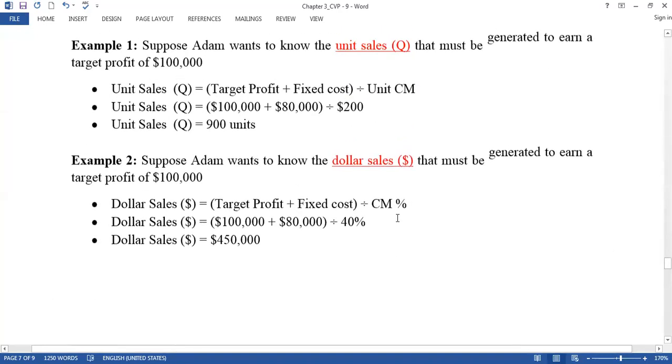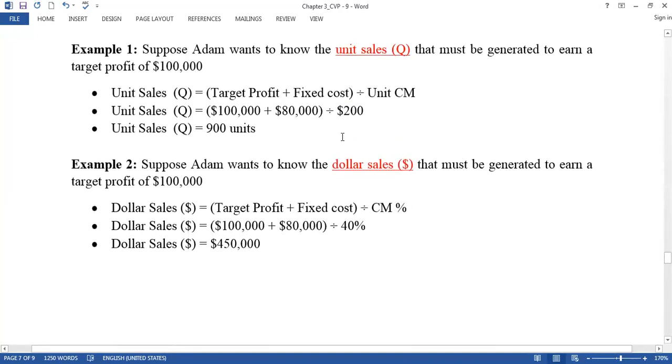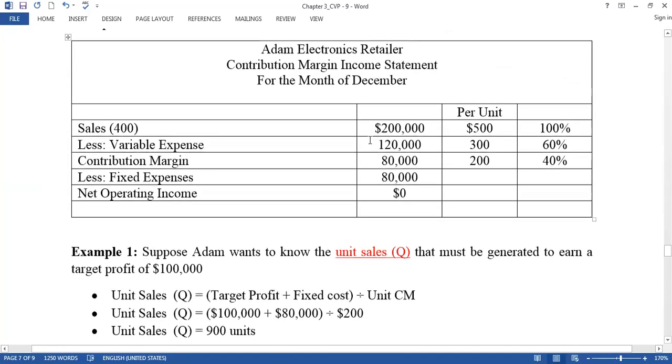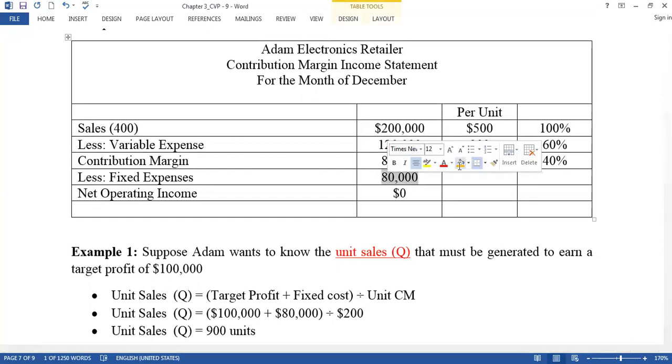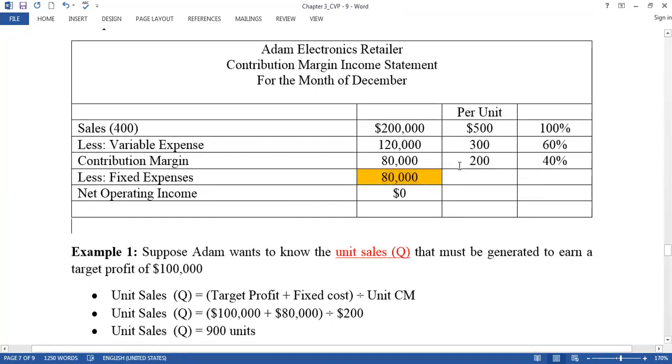Okay, look at the formula first here. I explain this formula first. So if we want to know quantity sales, suppose that we know fixed cost is given. Fixed cost is given $80,000, right? And these two pieces of information may not be given.